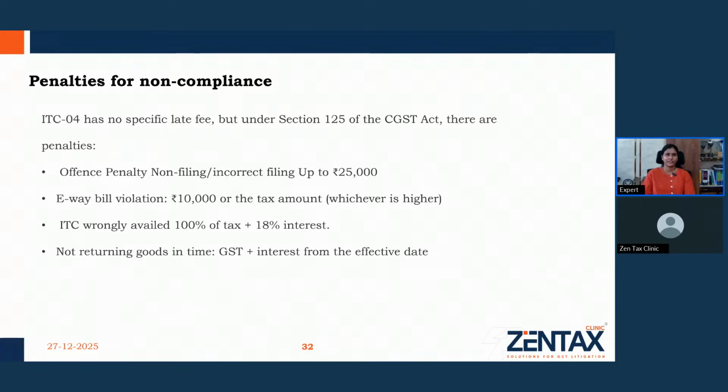As we have seen, there is a timeline to get back the goods. If the goods are not returned in time, then GST is applicable on such goods, and interest shall be calculated from the effective date. So these are the penalty provisions applicable for any non-compliance with job work provisions.